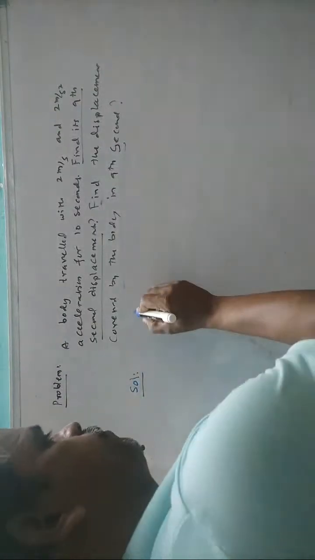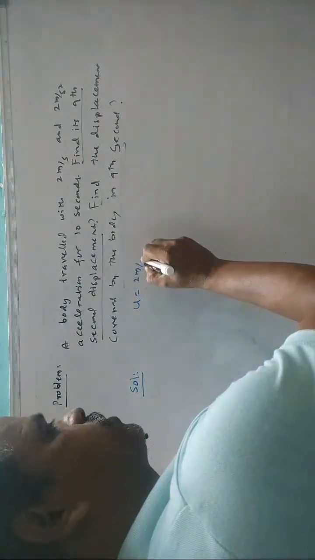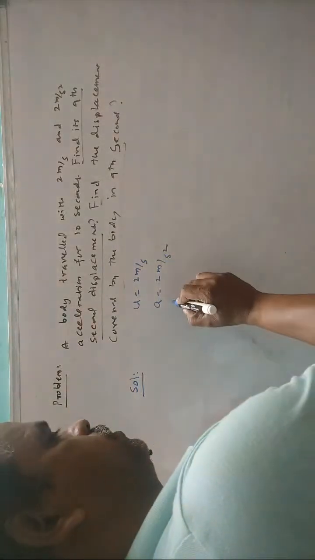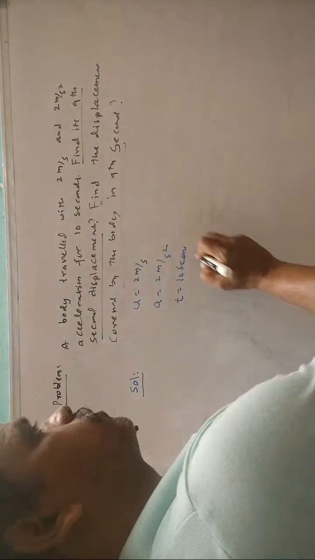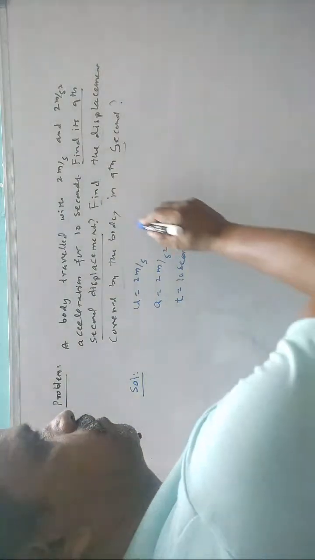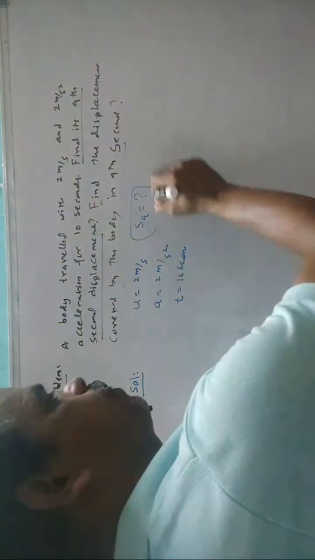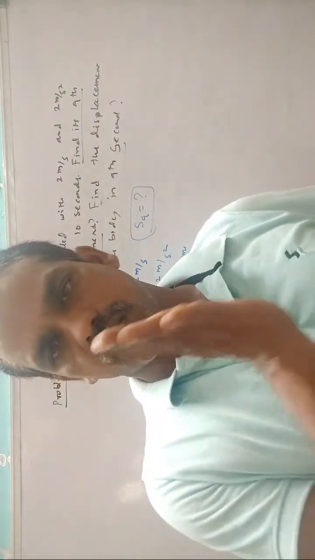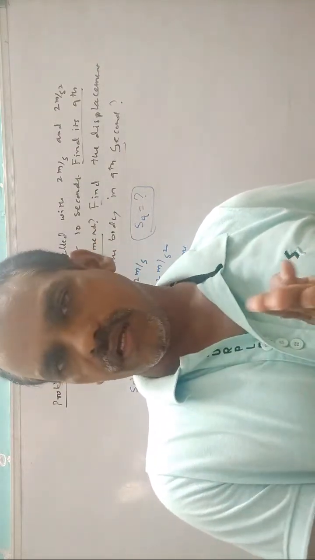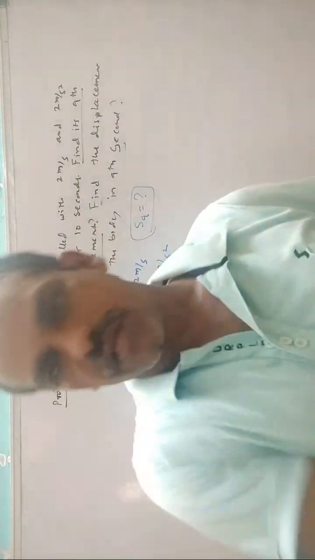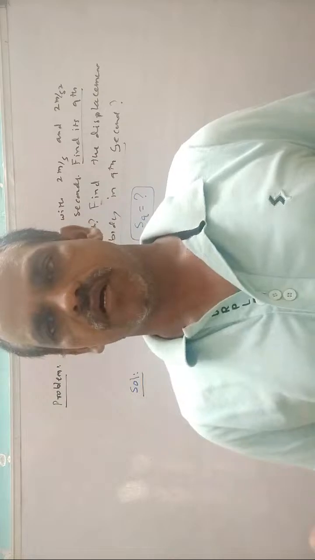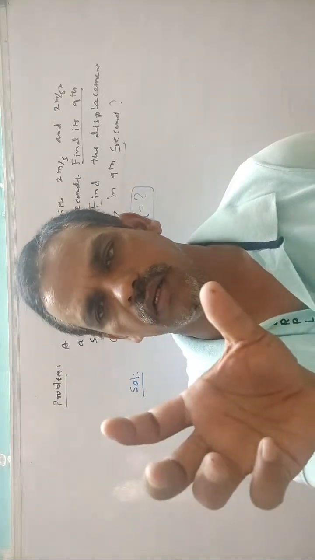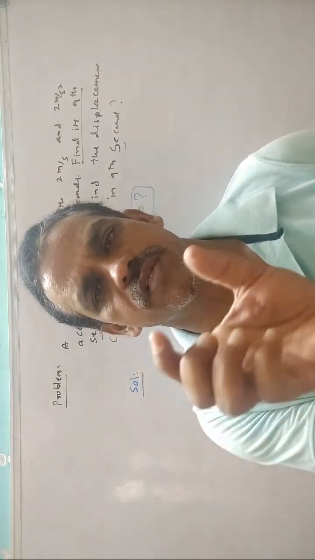So we'll do the problem here. Uniform acceleration, that is initial velocity 2 meter per second, acceleration 2 meter per second square, time equal to 10 seconds. So what we have to calculate here? S9. S9 means the displacement covered by the body in 9th second of its journey.